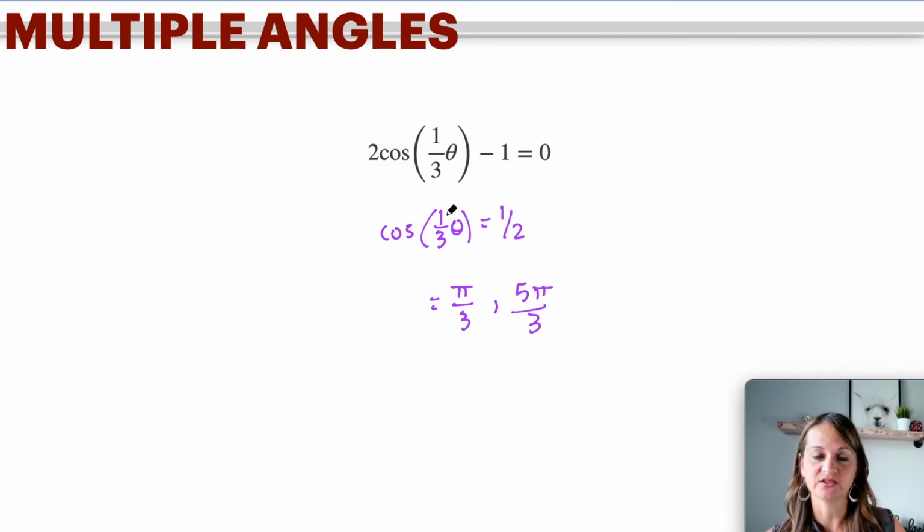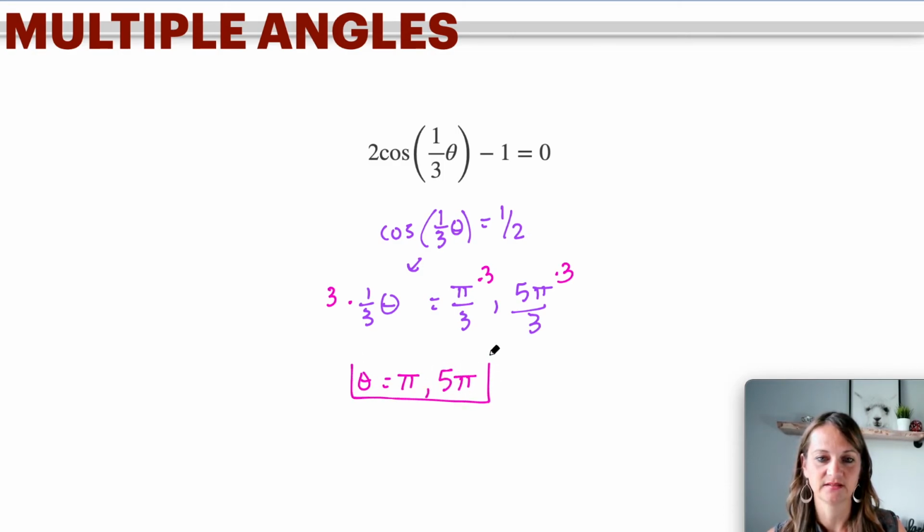But that's not your answer, because that is set equal to 1/3 theta. So to solve, you're going to multiply by 3. So therefore, you should get pi, and you should get 5 pi for your answers, because 3 divided by 3 is just 1 pi and 5 pi.